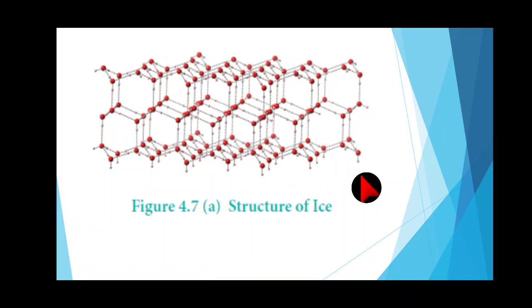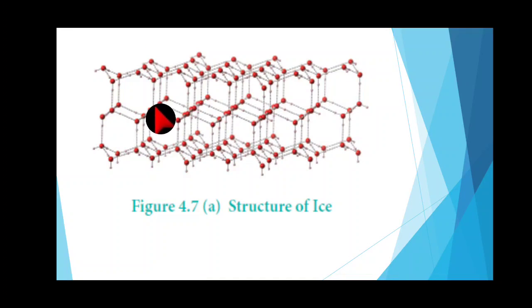So when we compare ice with water, the density of ice is lesser than that of 0 degree water. Ice has a long range order of hydrogen bonds, but liquid has a short range order of hydrogen bonds. That's why the density of liquid water is maximum.